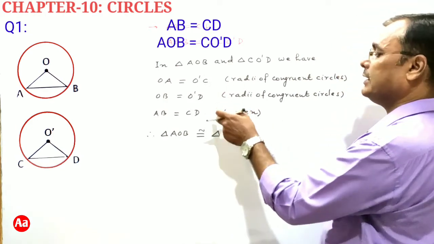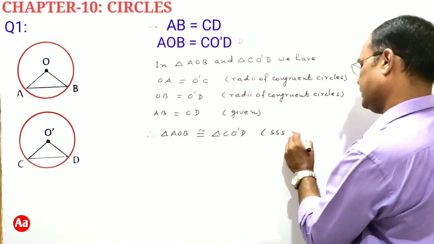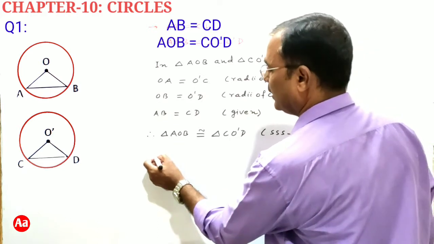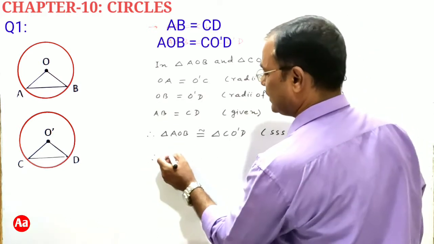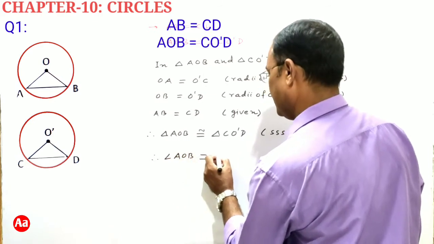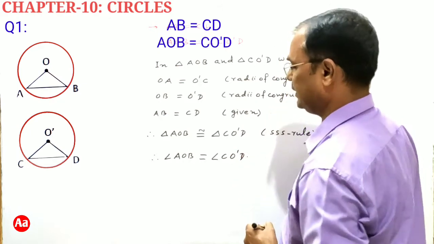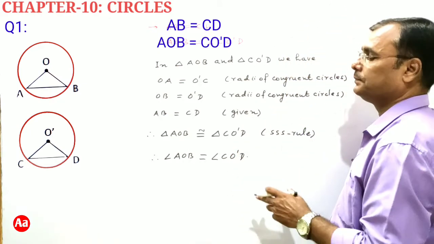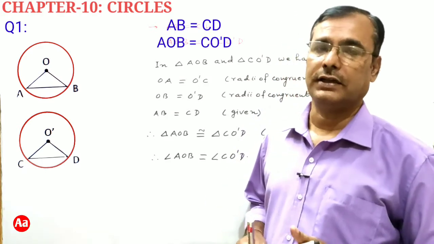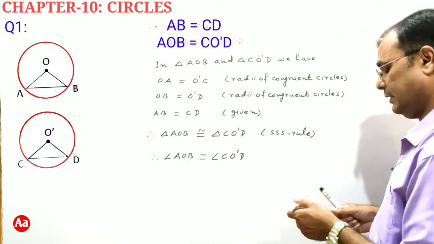By side side side congruence rule, and therefore by CPCT angle AOB is equal to angle CO dash D. So this proves that equal chords in congruent circles also subtend equal angles at the centers. So hence proved.